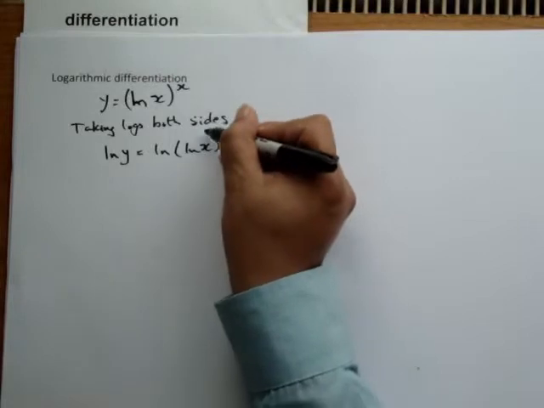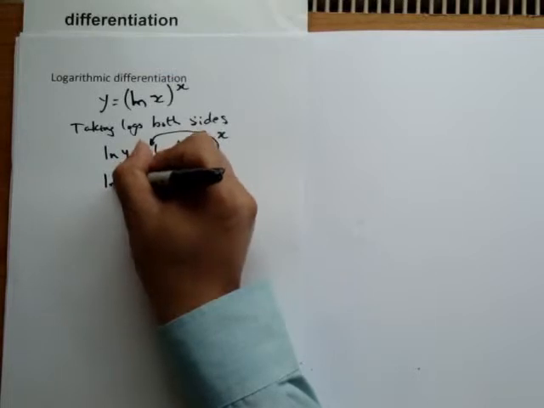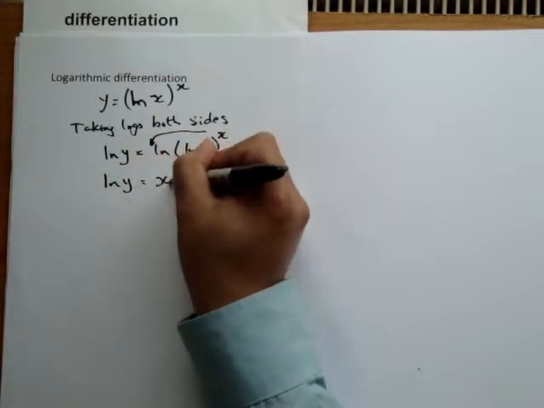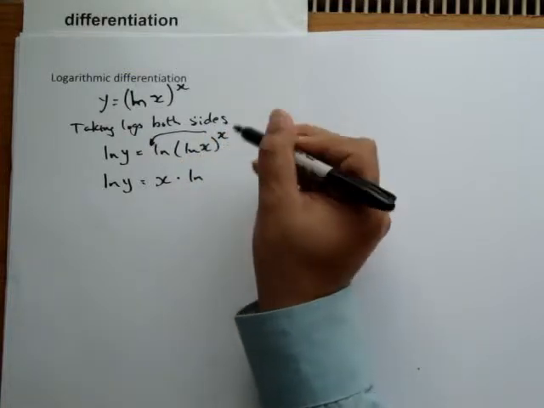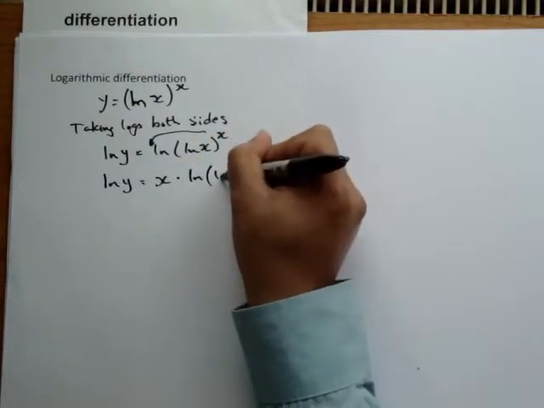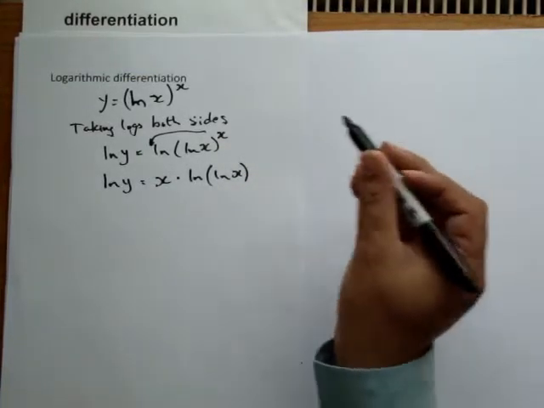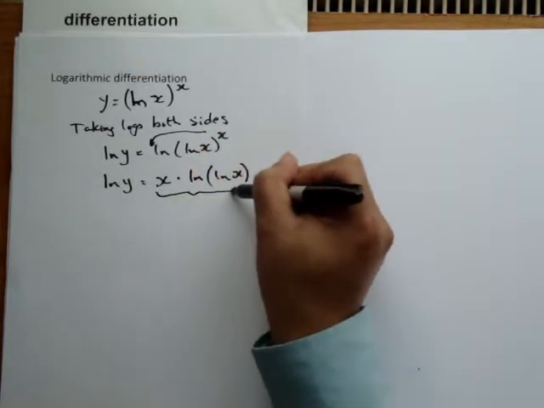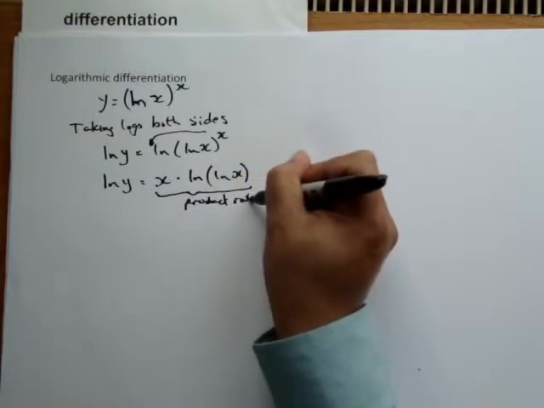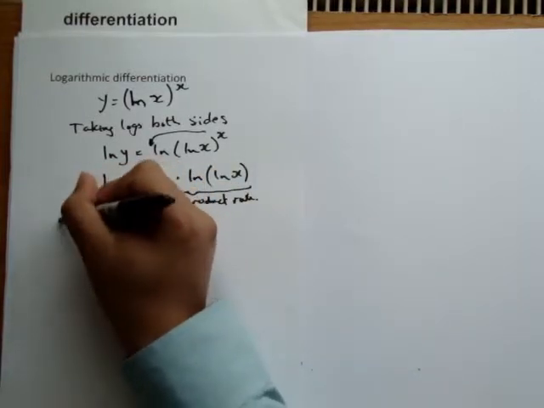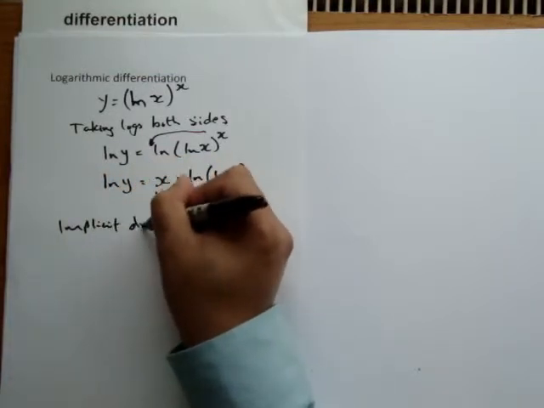Using our log laws, bring the x down, so the natural log of y is x times natural log of x. Here we have product rule when we differentiate. Do some implicit differentiation.